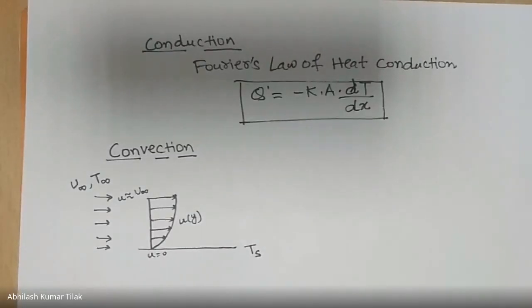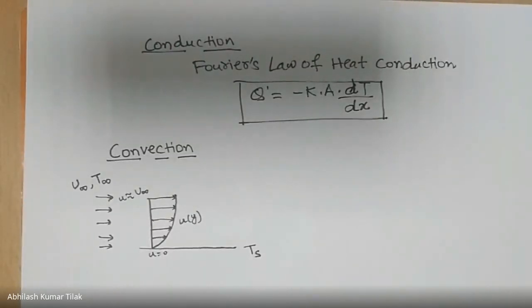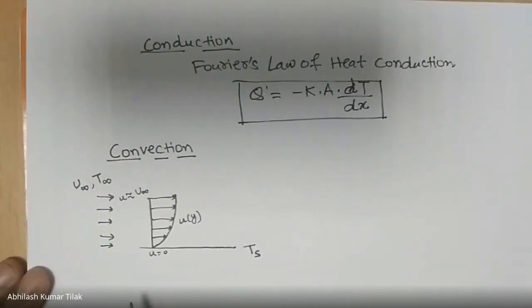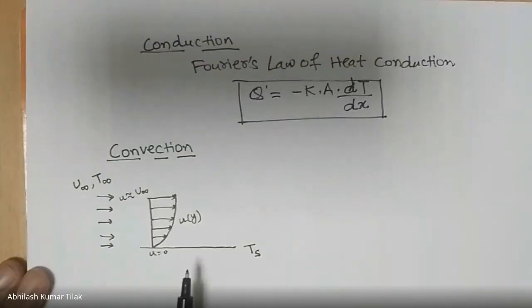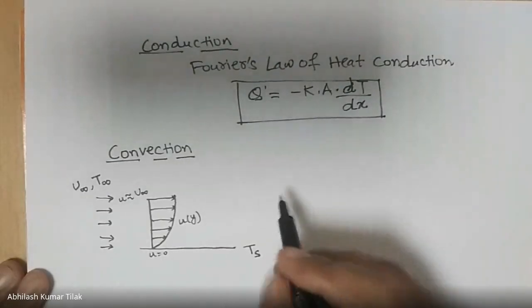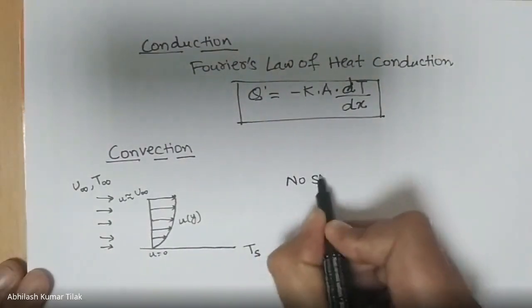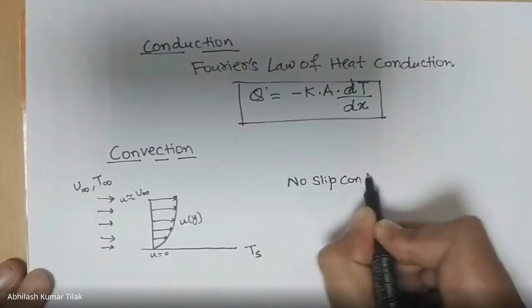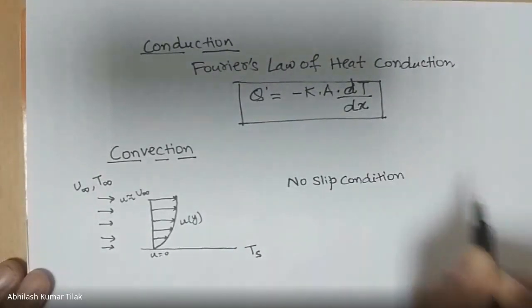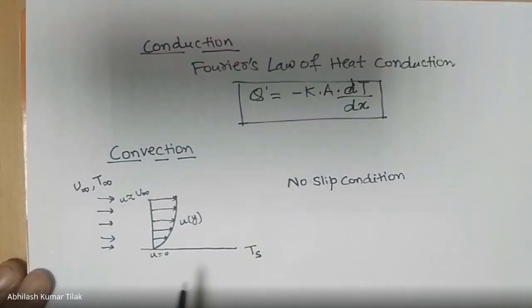As a consequence of fluid surface interaction, there is a development of a region in the fluid through which velocity varies from 0 at the surface to a finite value u infinity associated with the flow. The fluid in direct contact with the solid surface sticks to the surface due to viscous effects, and this is termed the no slip condition, where one of the fluid layers sticks to the surface and attains zero velocity.